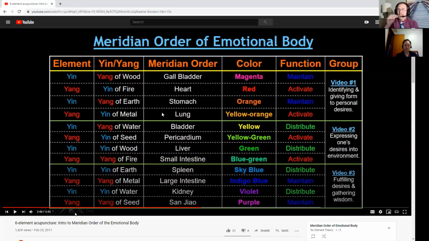Then it's the yang of wood, and it's the yin of fire. So then it reverses, where even though wood is a yin element, you're using its yang meridian. See that yin yang here in the second column? Gallbladder is the yang meridian of the yin element wood.